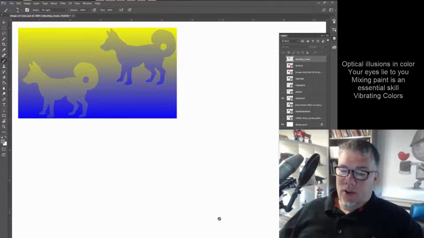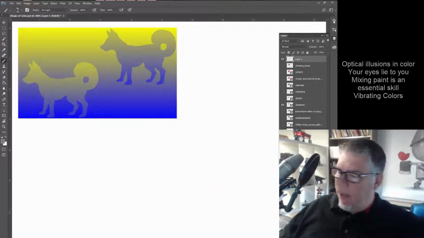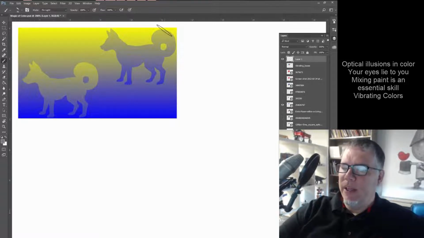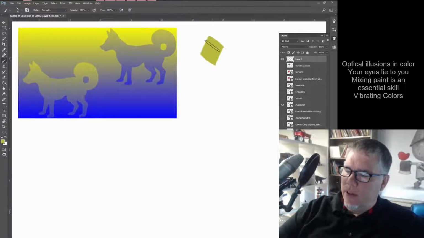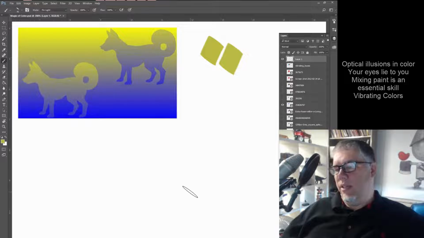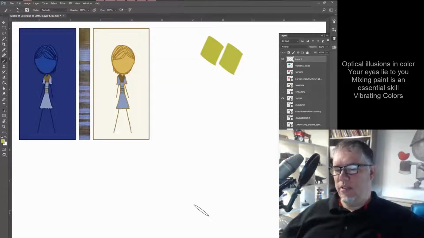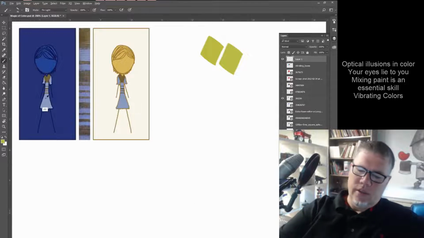Both dogs are identical. I know I probably don't have to show you this, but I'm guessing that you probably want to see it anyway. The top of the tail, same color. And again, our eyes are lying to us. Same dress, same identical dress.